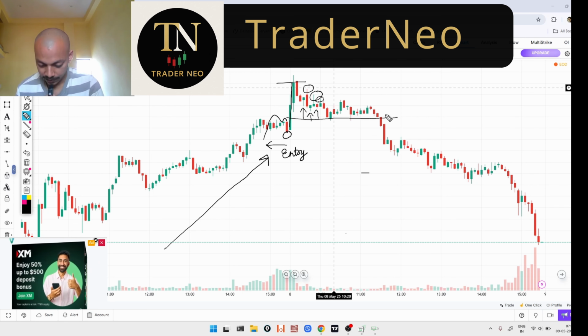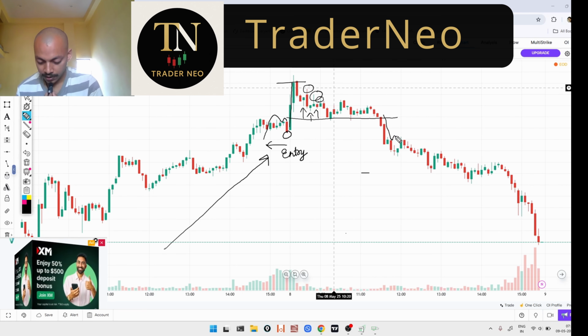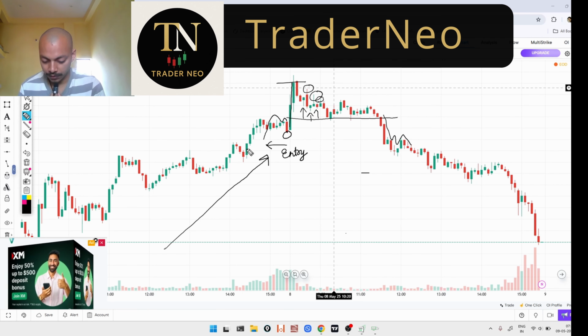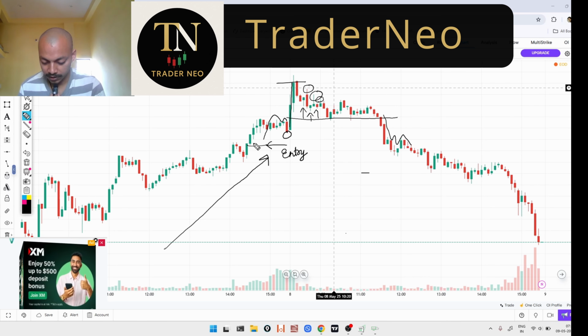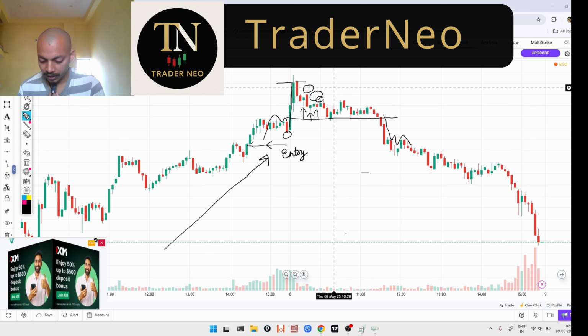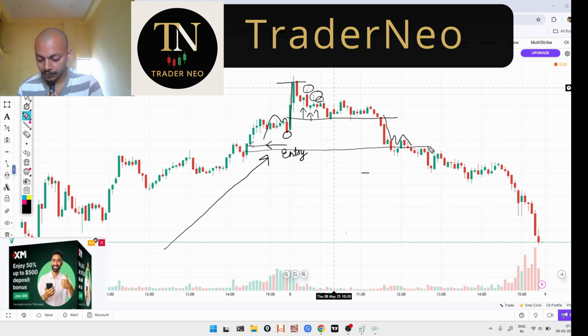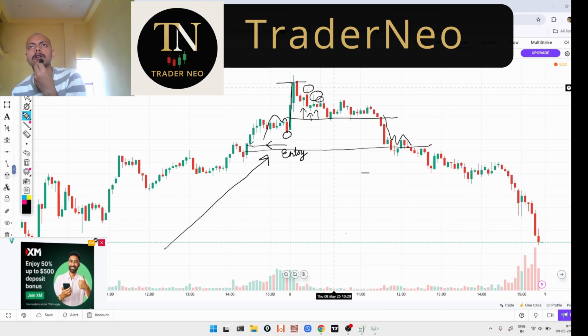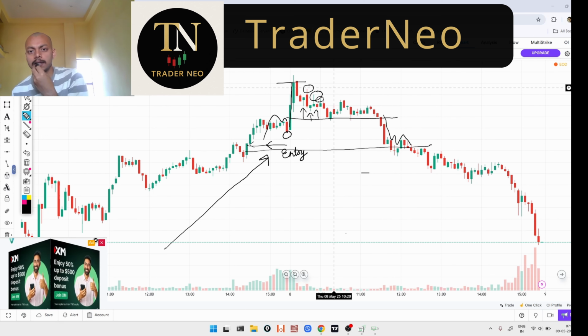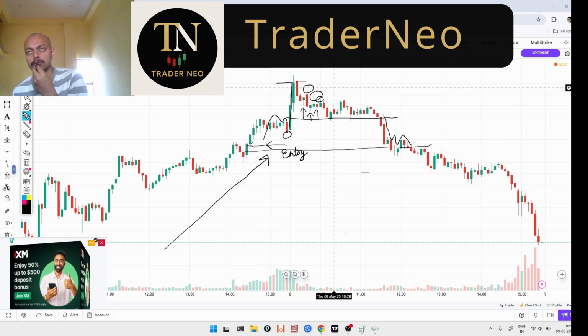At midday I saw a breakdown. My entry was somewhere here, and when price came to this level, I saw slight profits, almost break even, excluding the taxes.